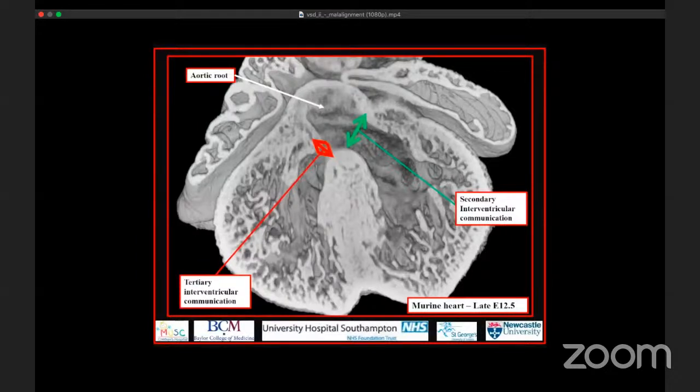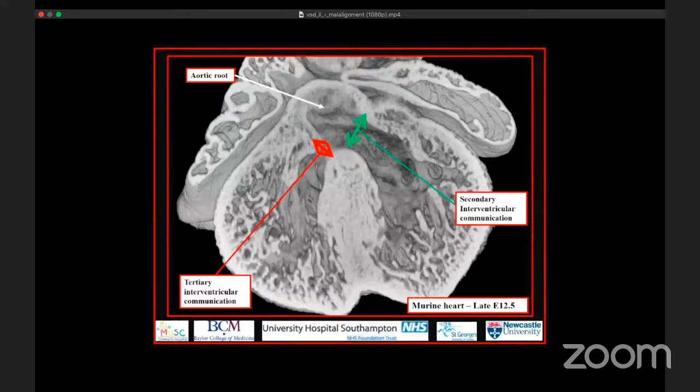And that is the space that is eventually closed by formation of the membranous septum. Now, the heart you've just been looking at had cranial malalignment of the outlet septum. And because of that cranial malalignment, the membranous septum is never able to close that tertiary interventricular communication.